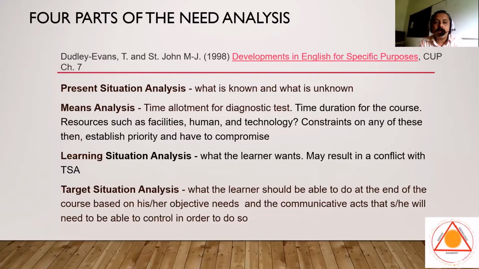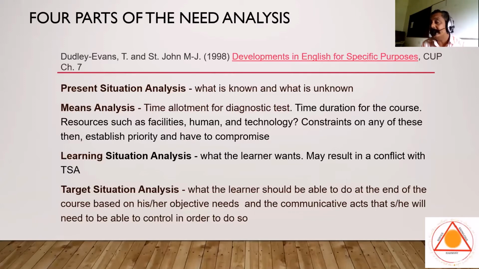So you have to be resourceful in order to get things done in the classroom. So that is the means analysis. Okay, when you give students a chart to prepare, you have to include that in learning hours.